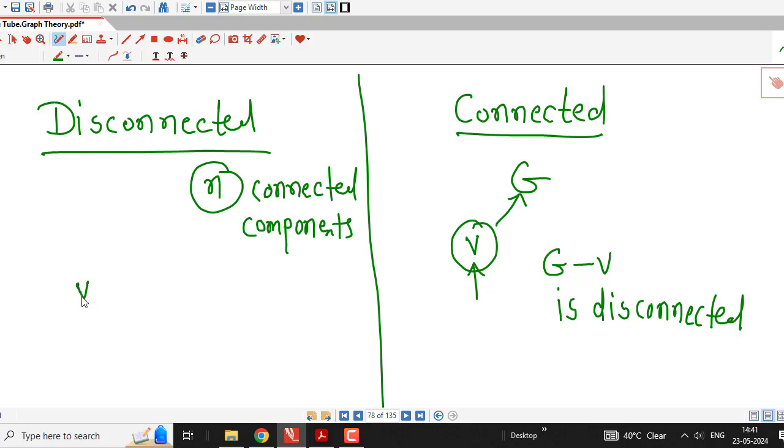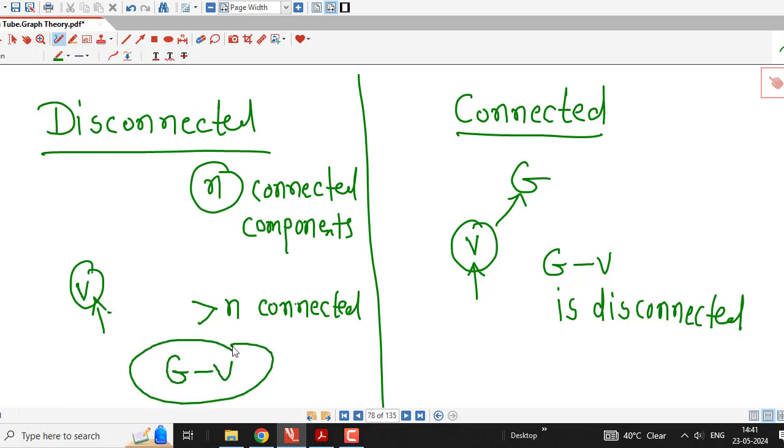Now suppose after removing some vertex V and all edges incident with vertex V, whatever subgraph we obtain has more than n connected components, then vertex V is called a cut vertex. If after removing vertex V, the subgraph we obtain has more connected components as compared to the given disconnected graph G, then V is called a cut vertex for a disconnected graph.